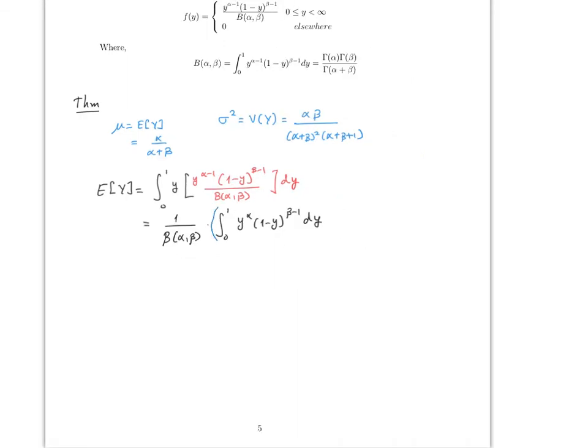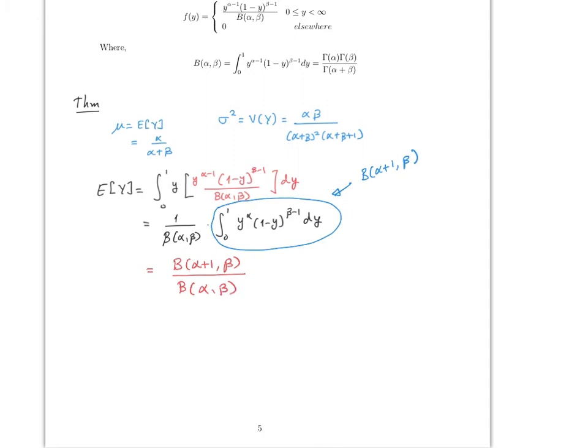Now, using the same trick we used when we did the expected value of the gamma function, notice that this is the same thing as the beta function of alpha plus 1 and beta. So therefore this will be beta of alpha plus 1, beta divided by the beta function of alpha, beta.